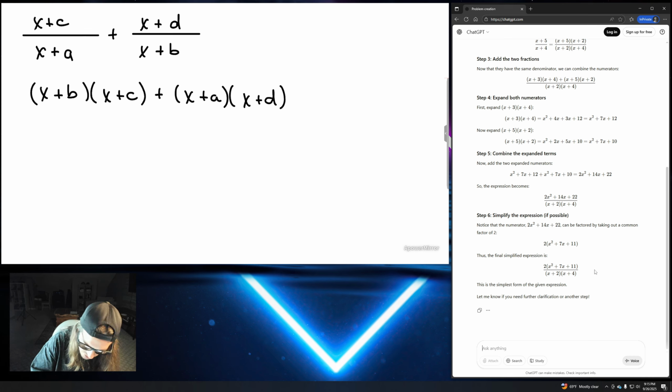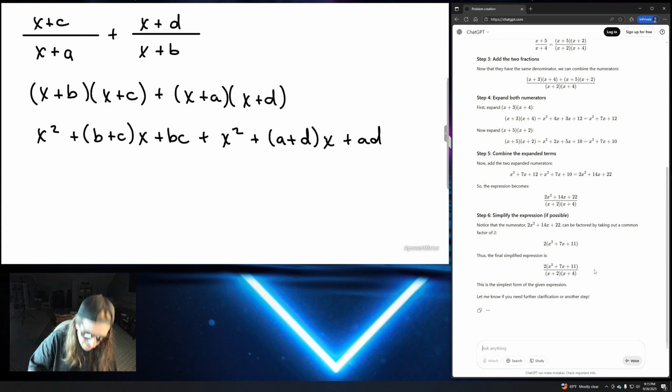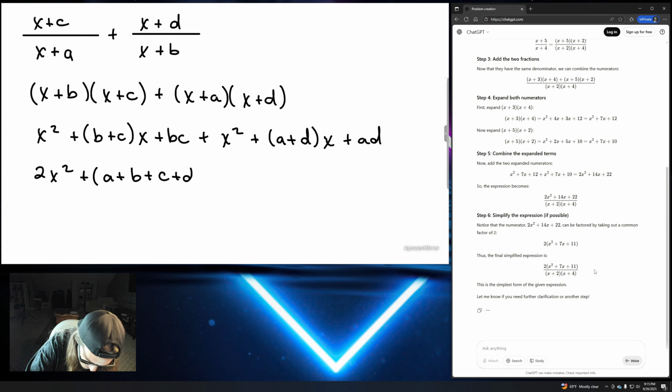So if I distribute these, I would have x squared plus b plus cx plus bc. And then over here, I would have x squared plus a plus dx plus ad. And then let's combine like terms. So this ends up with a 2x squared plus a plus b plus c plus d x plus ad plus bc, right?